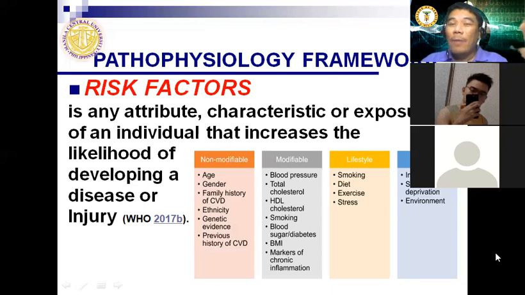Explain to me, because the body eventually may have a compensatory mechanism. So what would be the factors that you may consider? For example, the client has previous cardiovascular disease, the client is hypertensive, and the client engaged in eating crispy pata. So there's already a factor that I may consider, because of the chances that the client's heart may not control the level of cholesterol.